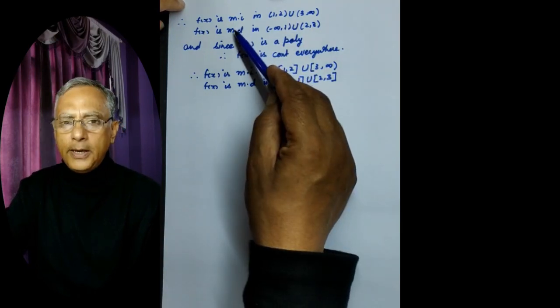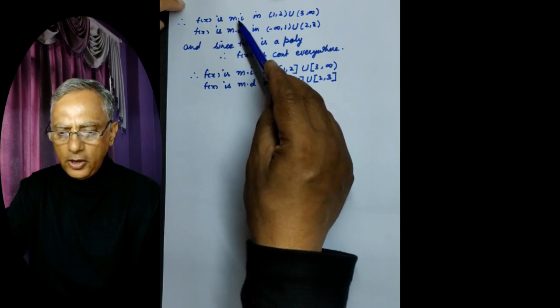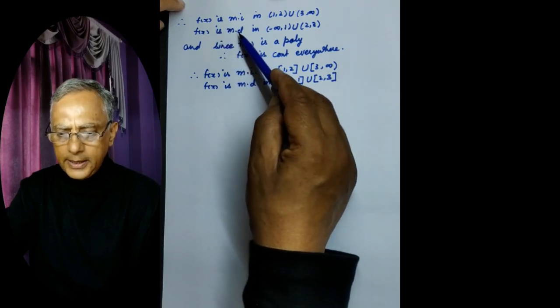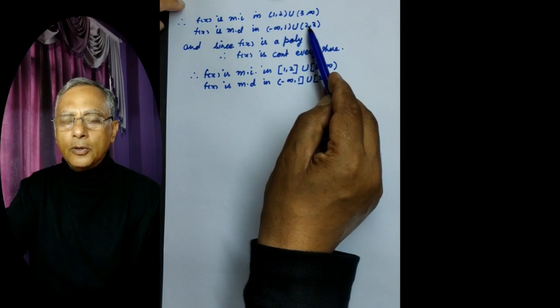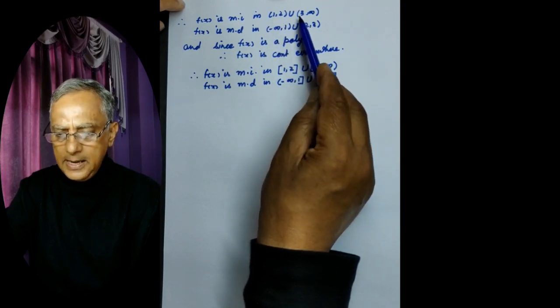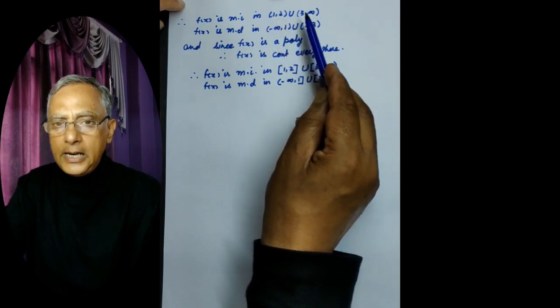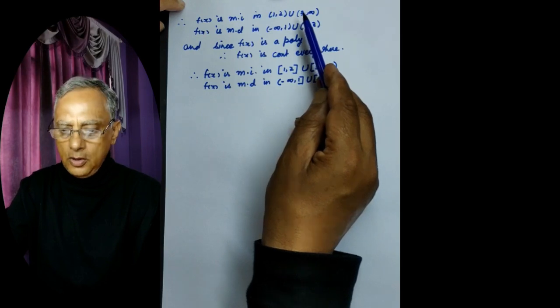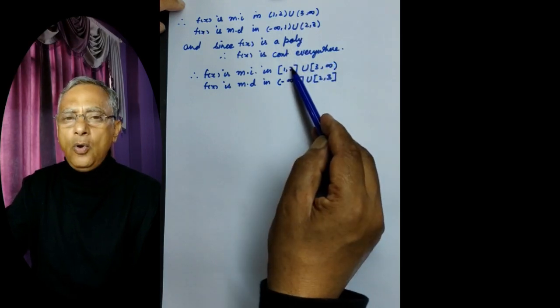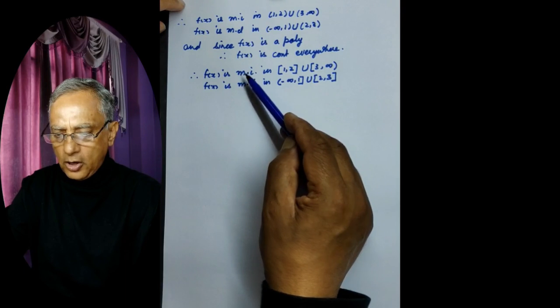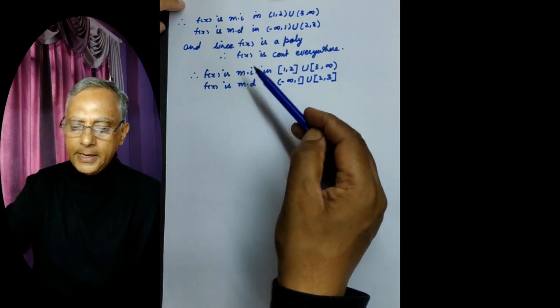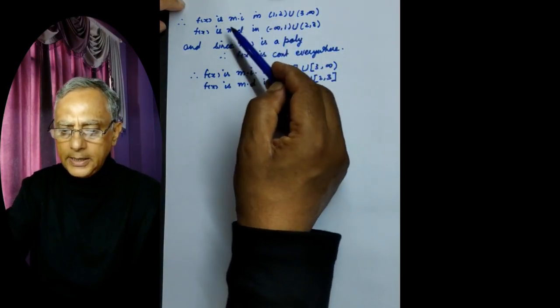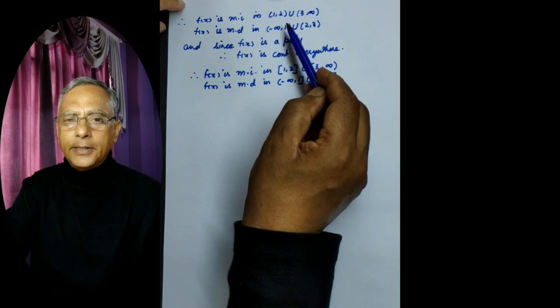If you want to know the intervals in which the function is strictly monotonically increasing or strictly monotonically decreasing, these are the intervals. Because in these intervals, f dash x is strictly greater than 0. In these, it is greater than or equal to 0. So in these it is monotonically increasing, monotonically decreasing. Here it is strictly monotonically increasing, strictly monotonically decreasing.